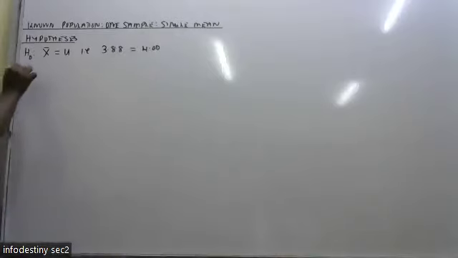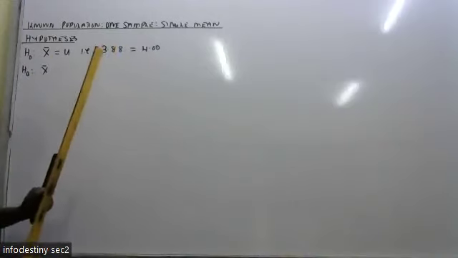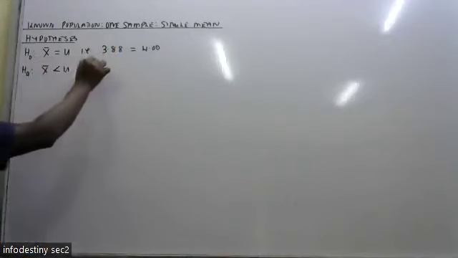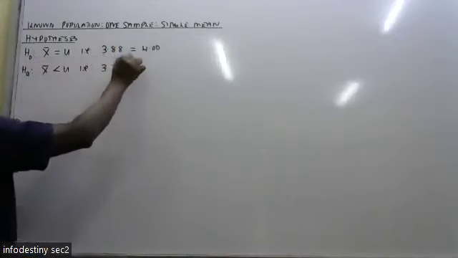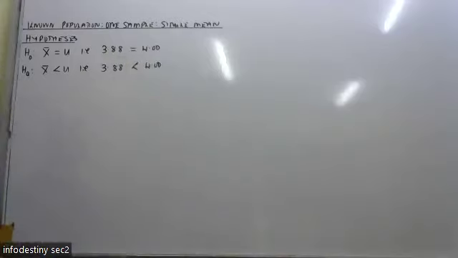Then the alternative: since these are not equal, I can decide to say they are not equal, but I can as well decide to say that x bar is less than mu. That is, 3.88 is less than what? So you are free.